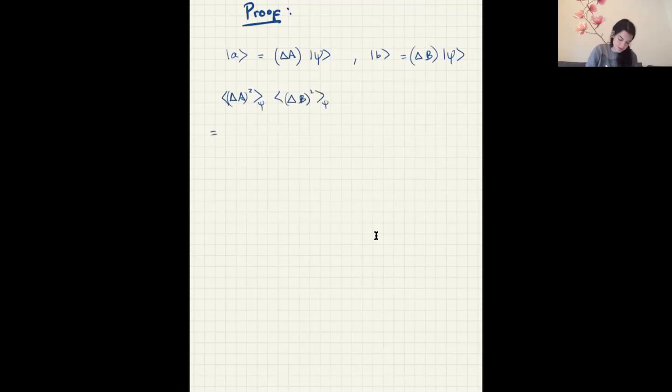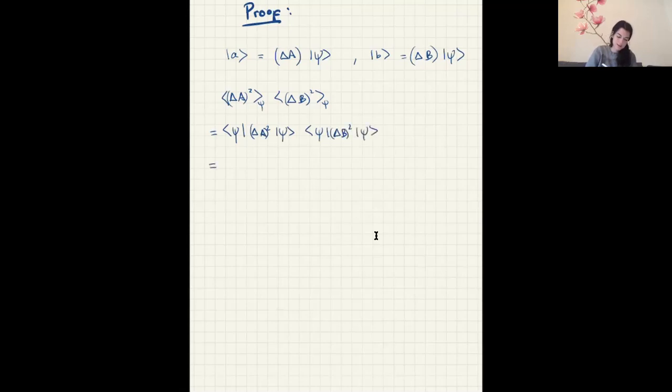Well, what is this? This is just our state, and now comes the delta A squared, state, and here comes state delta B squared state.